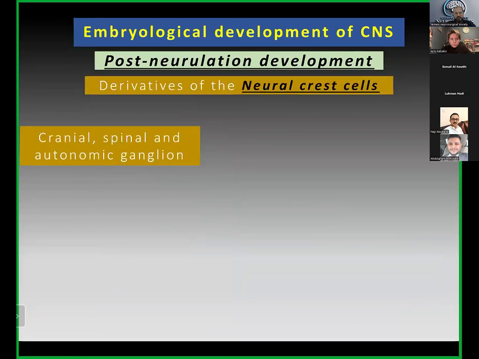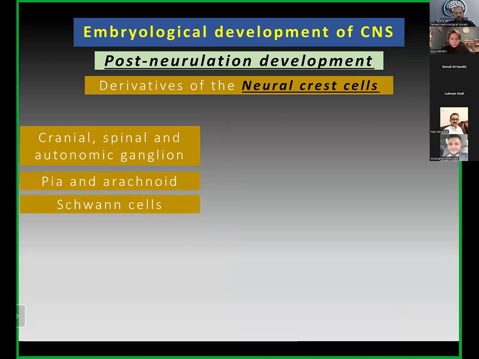While the neural crest, as we talked about before, which surrounds the neural tube, is a specialized type of the neural tube cells, which separate from it and become surrounding, will form the cranial, spinal and autonomic ganglia. Also, it will form later on the pia and arachnoid.